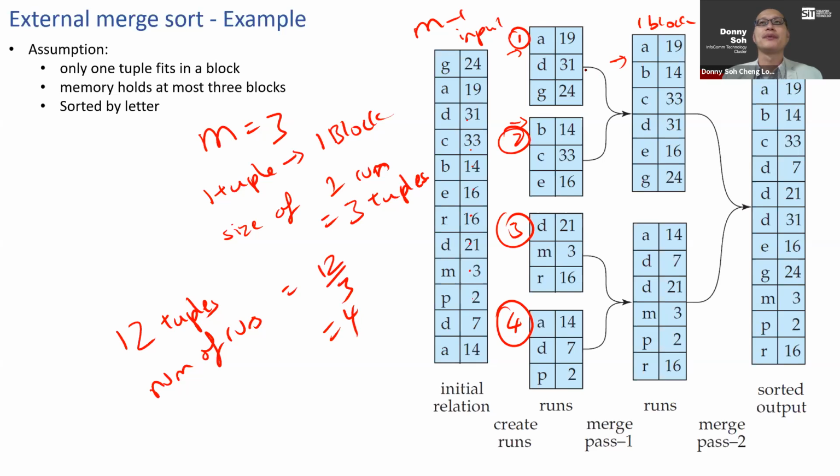You just move along as and when, just like your typical merge sort algorithm. Similarly for this as well, and similarly for this. So these are all your merge passes, and this is the divide, and this is the conquer. So this is how the divide and conquer algorithm works.